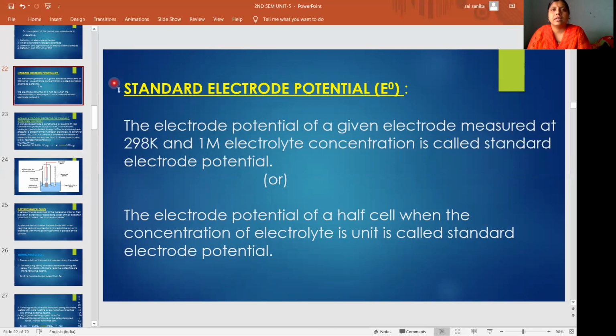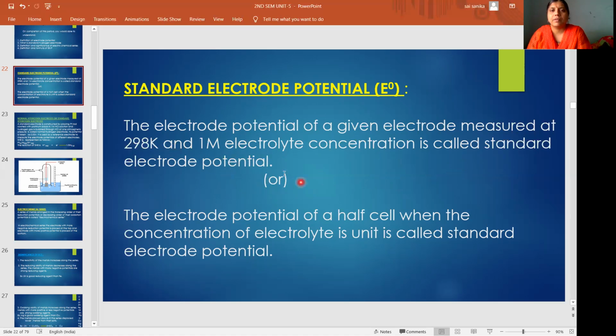Then standard electrode potential. Electrode potential is represented by the letter E, whereas standard electrode potential is represented by E naught. Here standard electrode potential means we are maintaining standard conditions. The potential of a given electrode measured at 298 Kelvin and 1 M electrolyte concentration is called standard electrode potential.